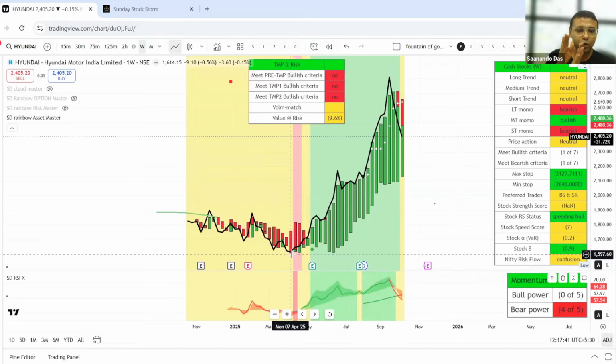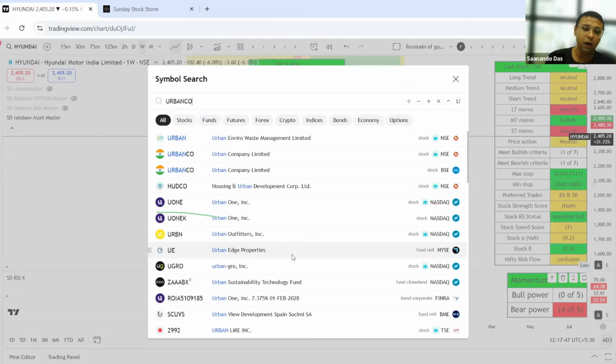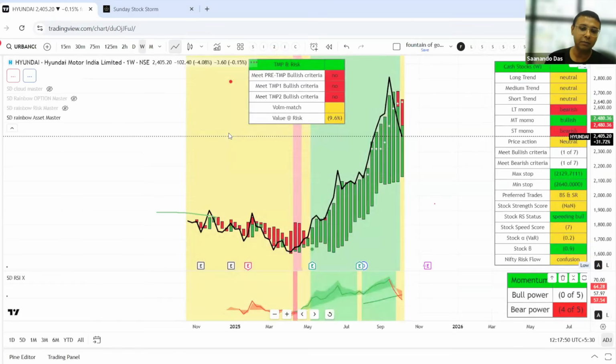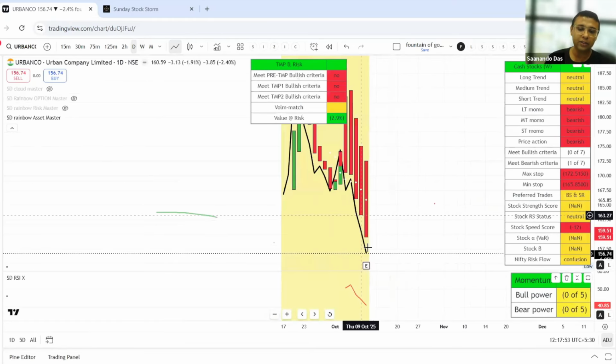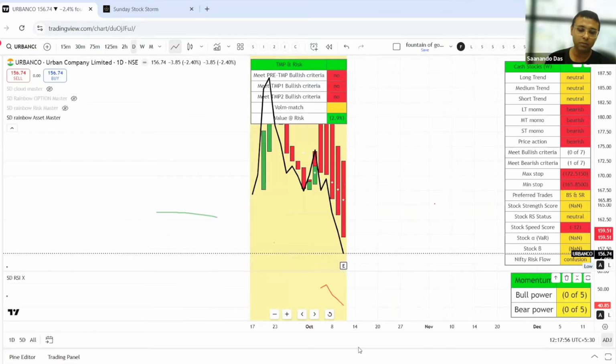But if you show a little bit of patience, Urban Company can give you a superb run, like Paytm gave. The rule is let it drop, let it crash completely. At some point it will stop, and when it stops, that is your superb time.